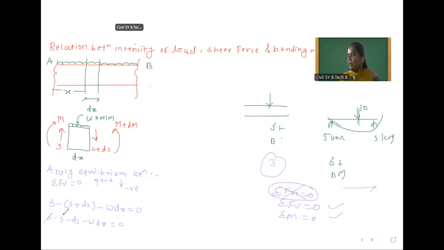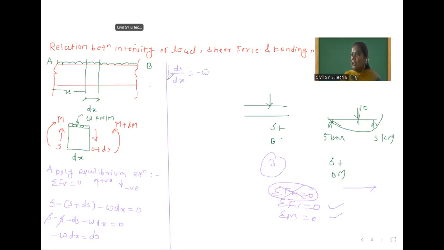This plus S and minus S get cancelled. We shift this minus dS to the right side: minus w into dx equals dS. So finally, dS by dx equals minus w.